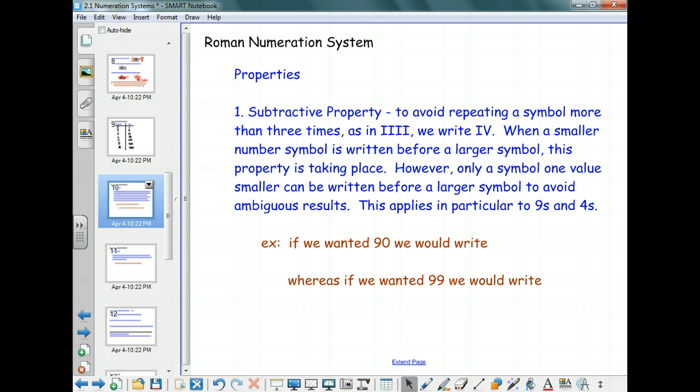We don't write out 9 single ones. There's a shorthand way of doing that, which is what the Babylonians would do, right? They would write out the number a whole bunch of times. The Egyptians would write out 9 times. Well, there's a subtractive property that keeps us from having to do that. There's also a multiplicative property that you may not have seen before, and that one's an interesting one. So we'll start with those properties next time, and with what's wrong with the clock tower, when we get back, okay? Have a great weekend, guys.